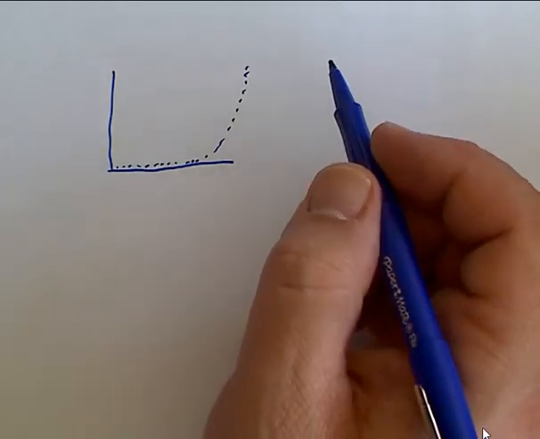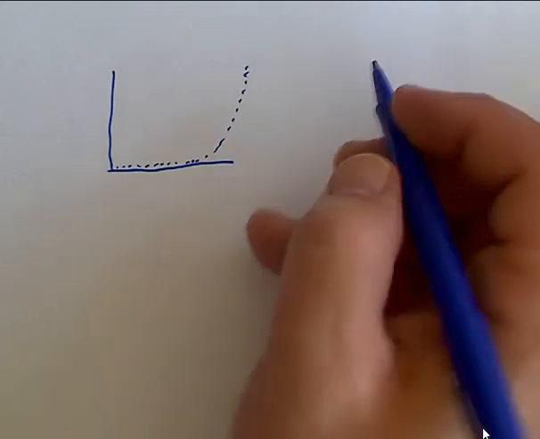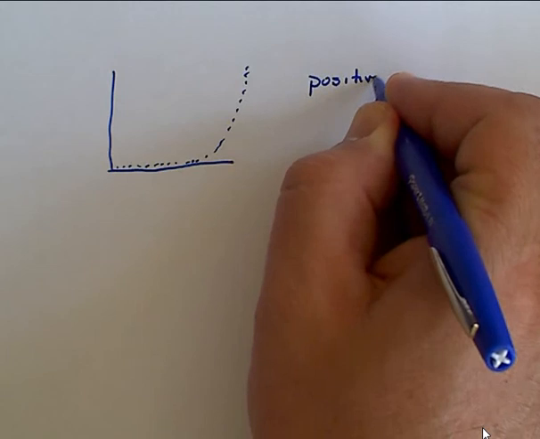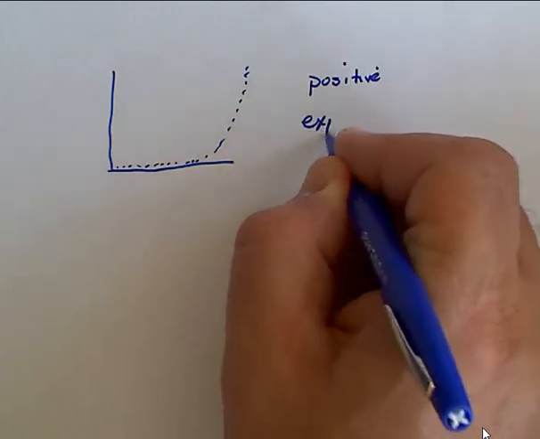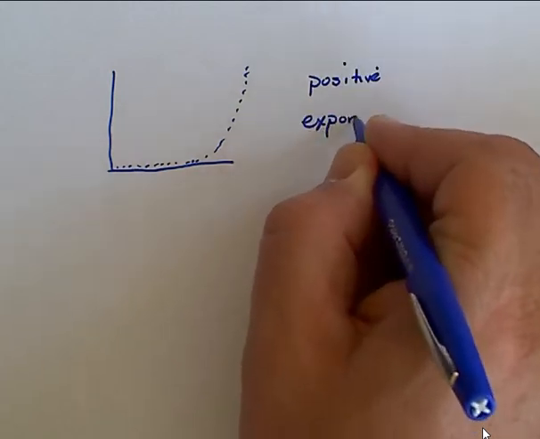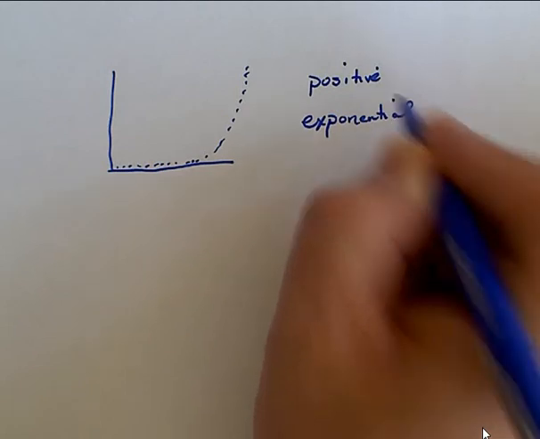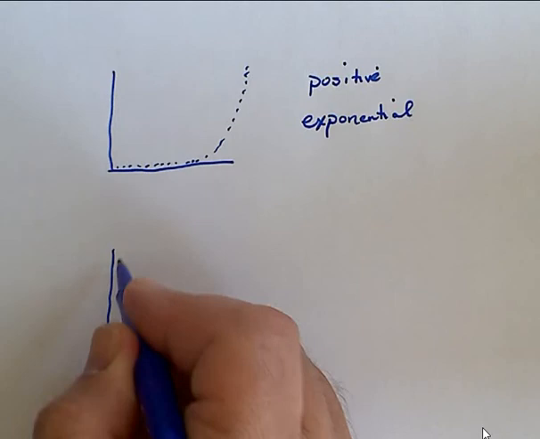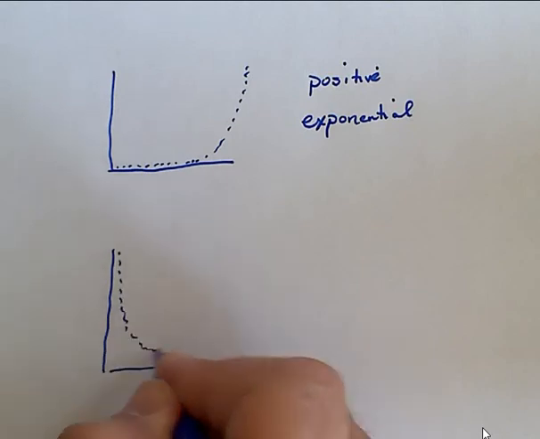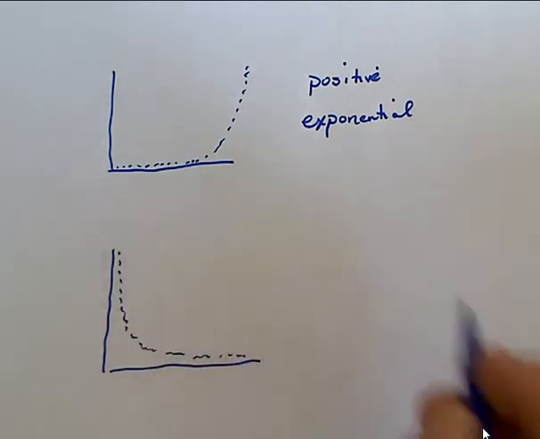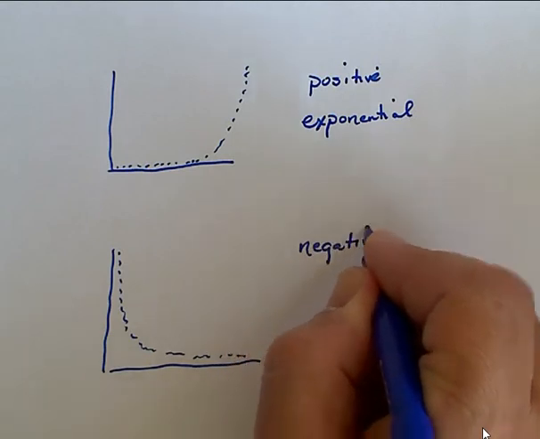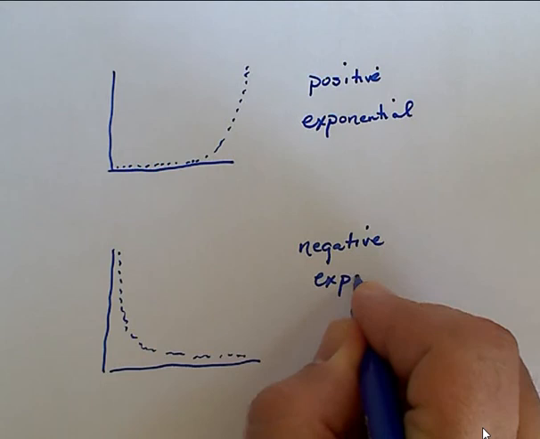This is an example of positive and exponential. Exponential shoots up as it goes across. The same thing is true if it starts high and then goes down low, like this. This is negative and exponential.